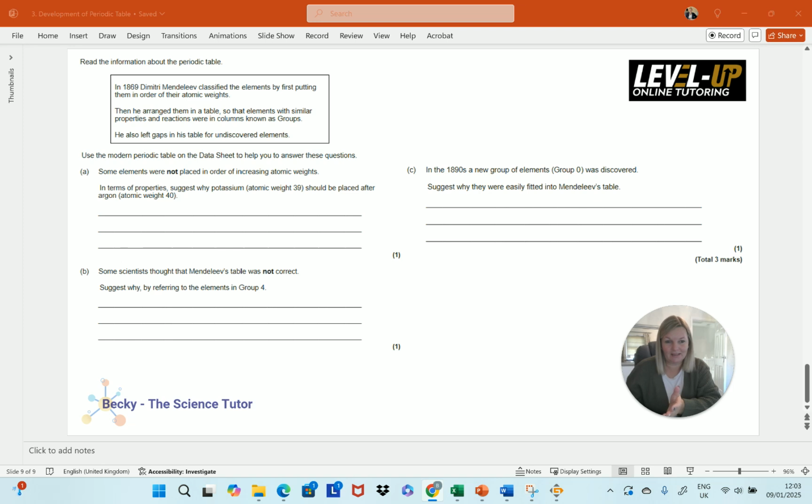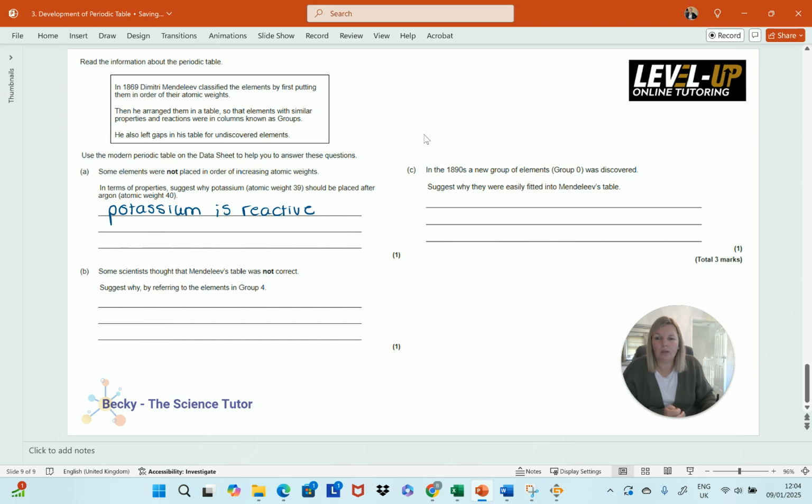So what he did is he would just switch those around. So rather than simply relying on just mass, he went mass and chemical properties. Okay, so we could say that potassium is an alkali metal, or it's group 1, or it's reactive, something along those lines. You can also answer this question the opposite way around by saying that argon is a non-reactive gas and therefore needs to be in that column.